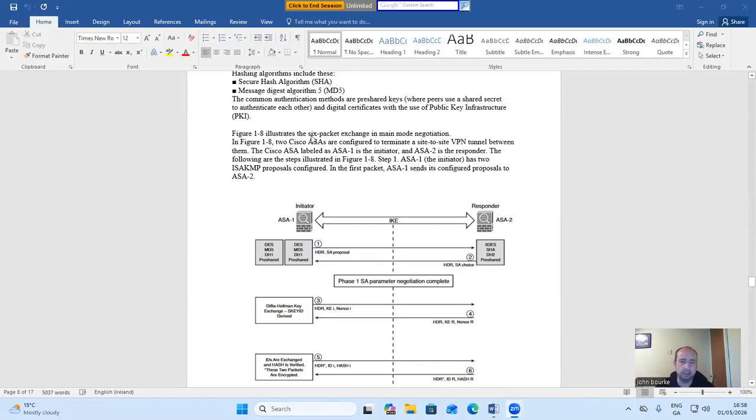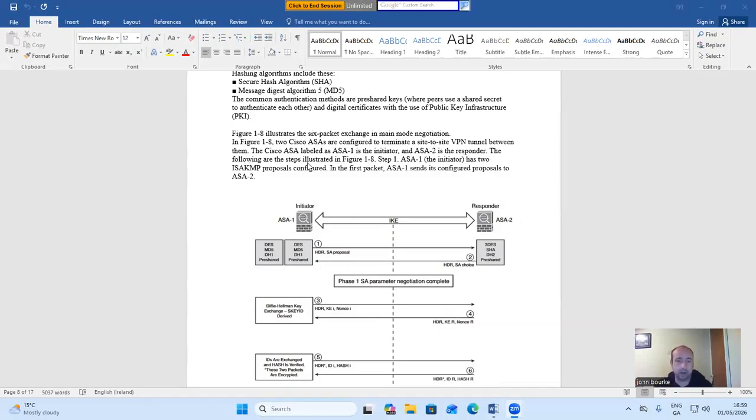Figure 1.8 illustrates the six-packet exchange in main mode negotiation. In Figure 1.8, Cisco ASAs are configured to terminate a site-to-site VPN tunnel between them. The Cisco ASA labeled as ASA1 is the initiator and ASA2 is the responder.